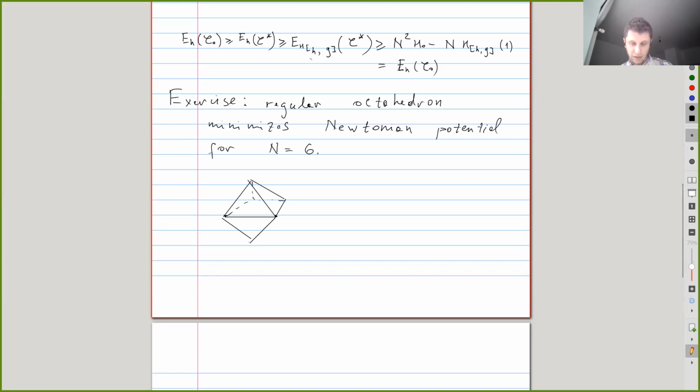It's rotationally invariant, so no matter from which angle you look at it, it's the same. I also need to tell you what the Newtonian potential is. And then there's this semi-invisible edge, which nobody can see. The claim is this is the best configuration inscribed in the unit sphere.